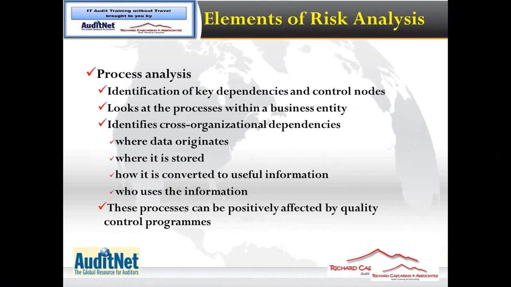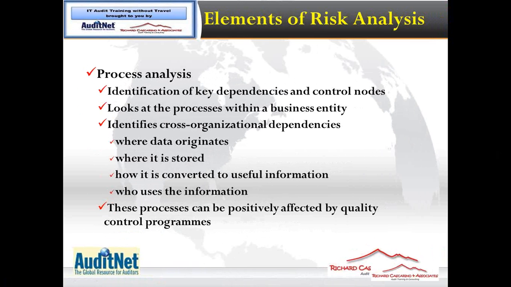Because each of those stages faces risks. Where it originates, we may end up with the wrong data or not enough data. Some of it's missing. Where it's stored, is it kept under strong control conditions, or is it possible to corrupt it or to lose it, destroy it?